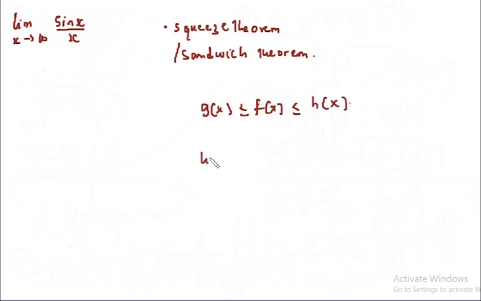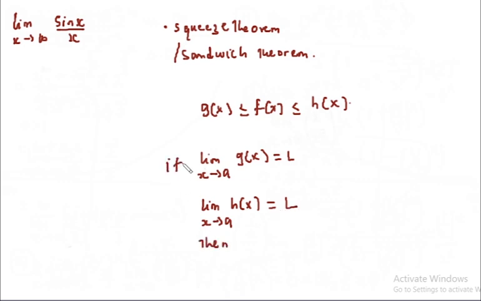And you know the limit as x approaches a of g of x is equal to L, and the limit as x approaches a of h of x is also equal to L. If this is true, then the limit of f of x as x approaches a should still be equal to L. So that's what the sandwich theorem simply says.